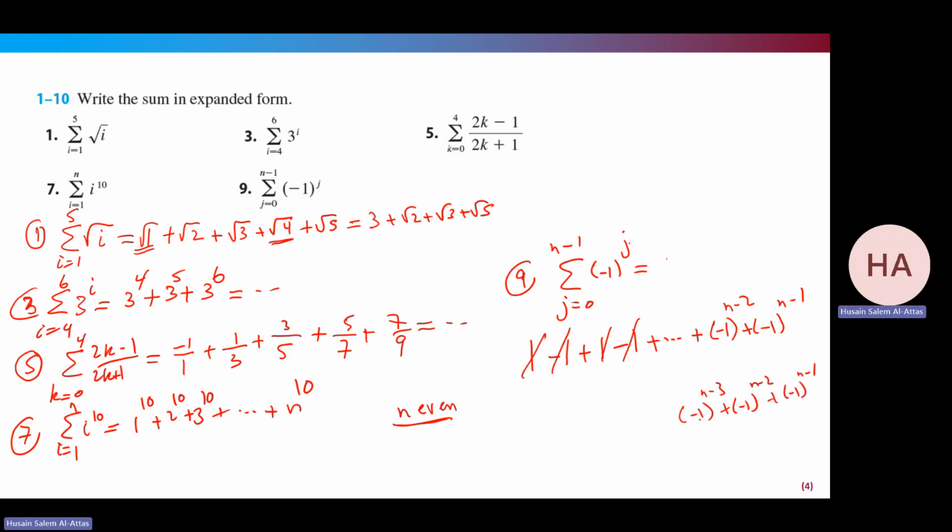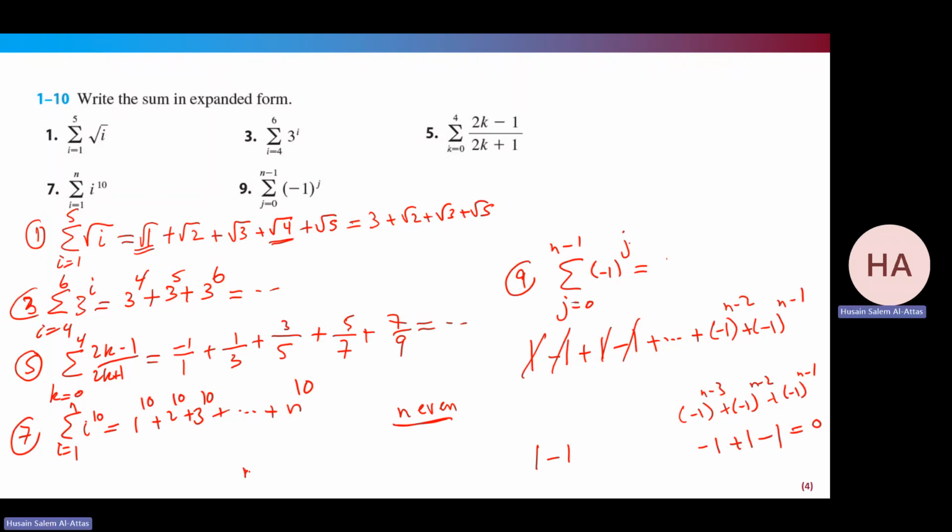If n is even, that will be minus 1, plus 1, and then minus 1. Okay. Let's say, notice what? I'm starting with 1, 1 minus 1 plus 1 minus 1, so that gives me 0.